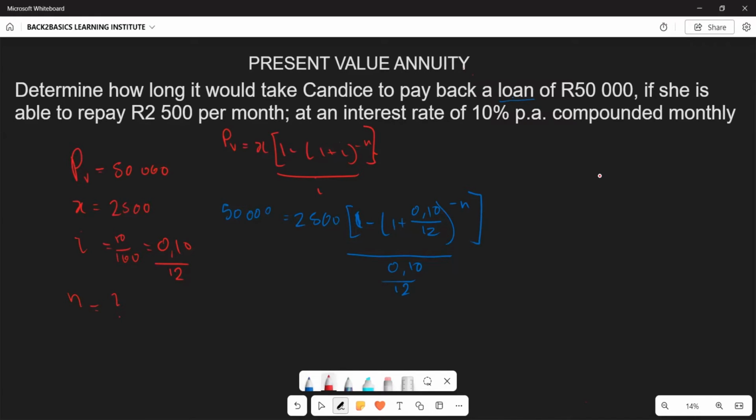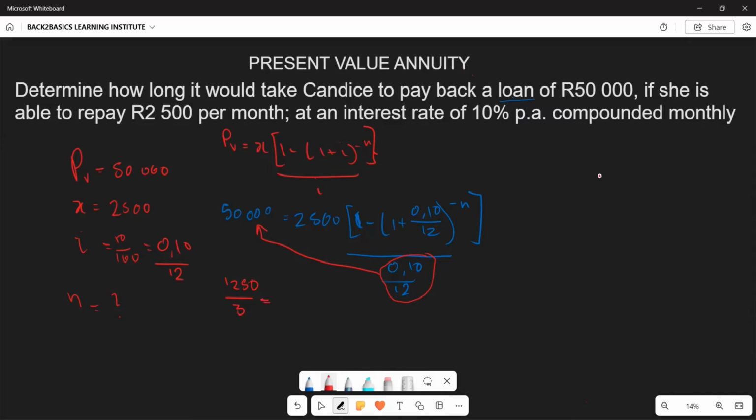As always, for us to be in a position to calculate this, you need to start with the denominator and multiply it with your 50,000. When you multiply this with your 50,000, what you are going to get is 1,250 over 3.